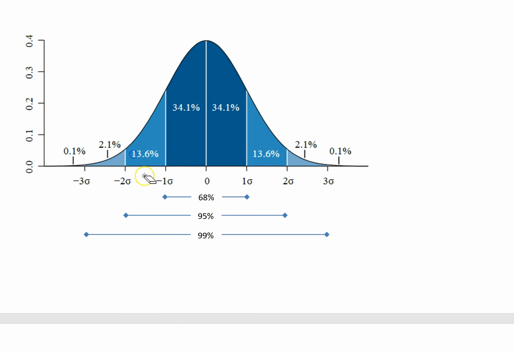And if we look at 3 standard deviations below and 3 standard deviations above the mean, then we can see that there's a total of about 99% of the data. So anything that's beyond 3 standard deviations of the mean would really be unusual and unique.